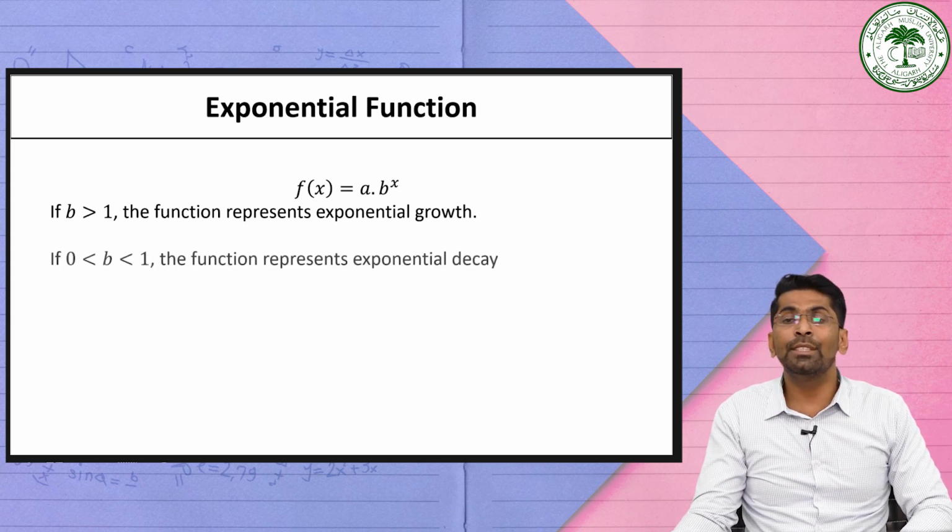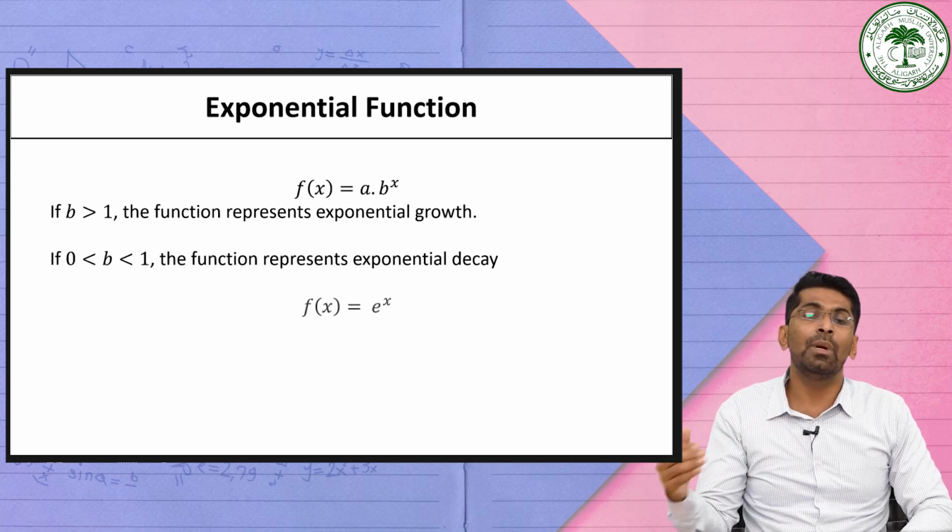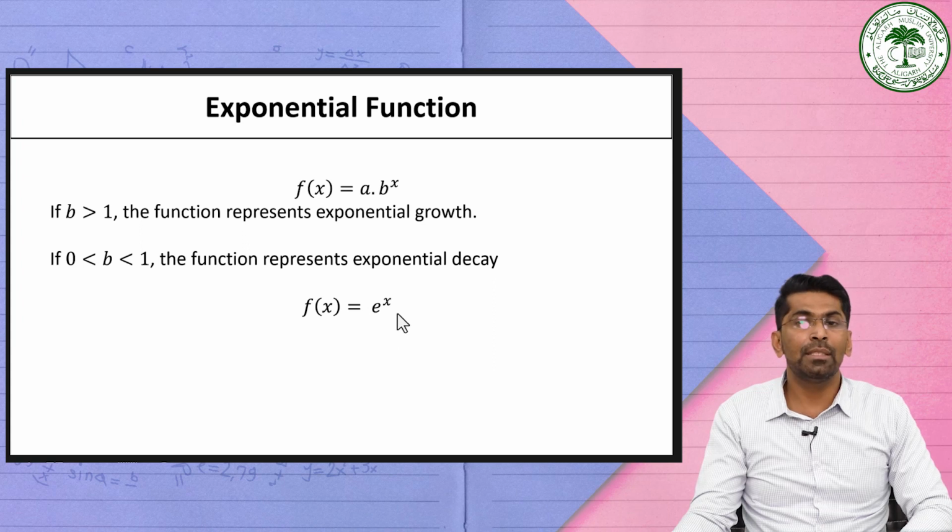And if the value of b is less than 1 and greater than 0, then the function represents exponential decay, which means as x increases, f of x decreases rapidly. So here the base serves as the starting point for determining whether it is a growth or a decline. For example, f of x is equal to e raised to the power x is a specific case of an exponential function.